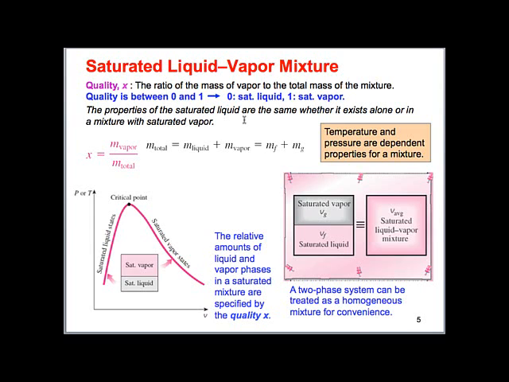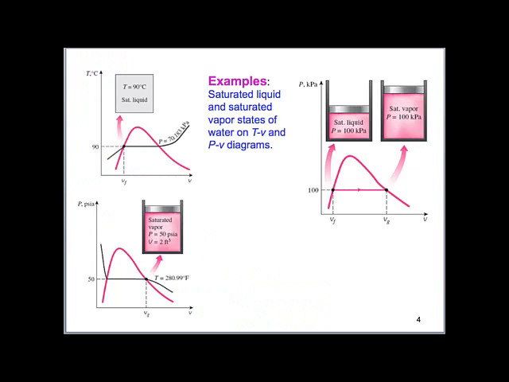So 1 corresponds to a saturated vapor. So you can get a sense immediately for what phase our system is in by looking at the quality of the system, if it applies to this particular region in the curve.